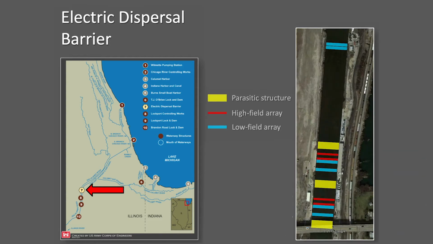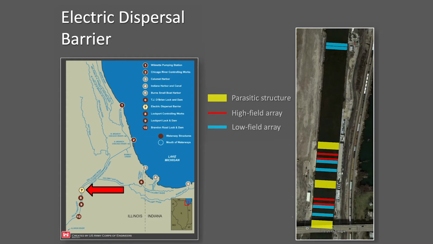And this is what this system looks like. So this is Romeo Bridge, and then we have a sequence of low field electrical arrays that are meant to deter fish, and then the high field arrays, which are meant to incapacitate fish.